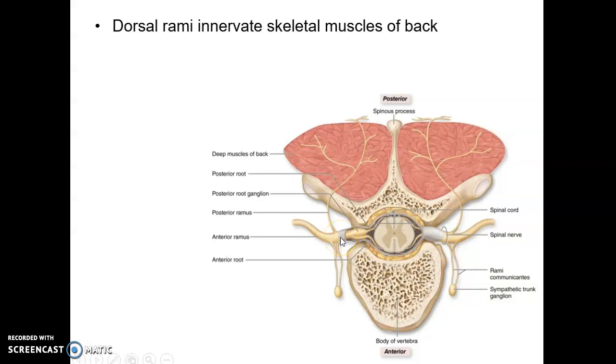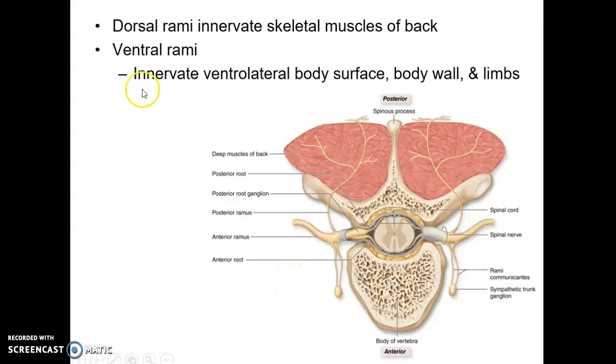And then if you remember, the spinal nerve branches to a posterior branch called the posterior ramus or dorsal ramus, and then the anterior ramus here. Okay? So those dorsal rami innervate deep skeletal muscles of the back. Posterior, anterior. The ventral rami would innervate the ventrolateral body surface, body wall, limbs.